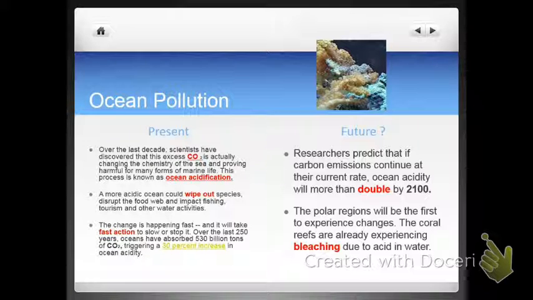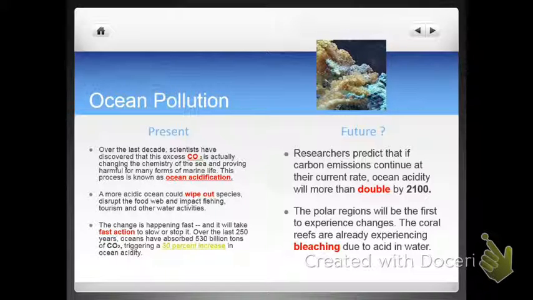The excess CO2 reacts with the ocean water and produces carbonic acid. As the ocean becomes more and more acidic, it's expected to wipe out several species, and if you remove a species from the food chain and the food web, you're going to disrupt lots of populations. That will therefore impact fishing, tourism, and other water activities.